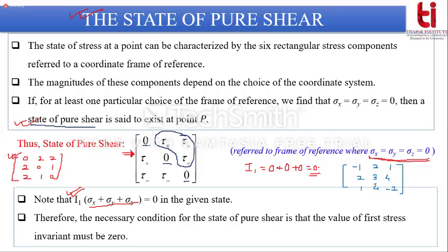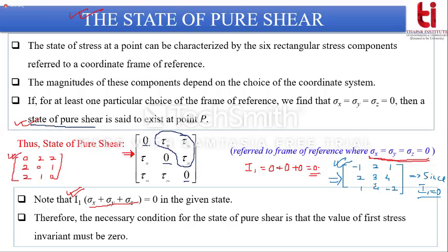If somebody asks you what is the characteristic of this state of stress, so you can just check what is I1. I1 is 3 -1 -2. That is, since I1 is equal to 0, the given state of stress is also a state of pure shear.